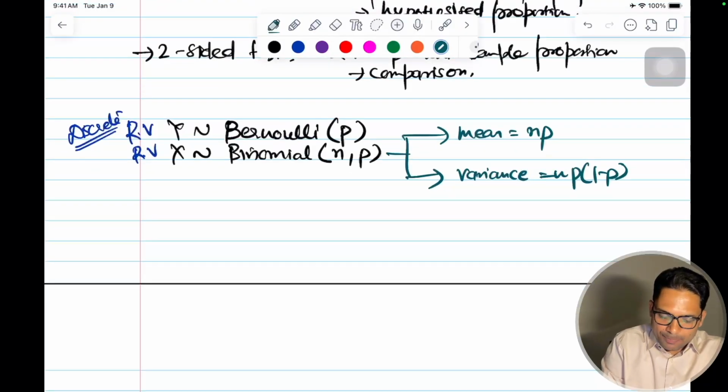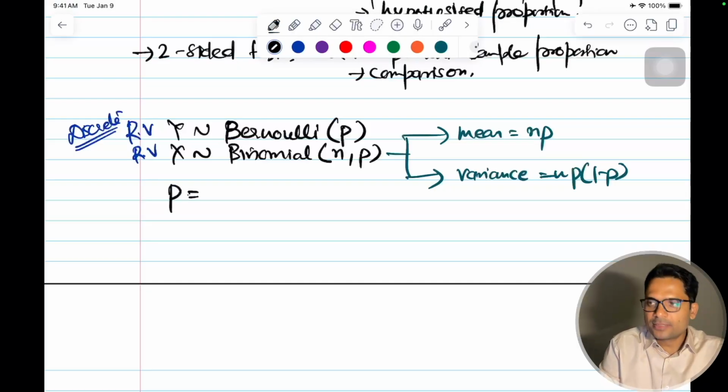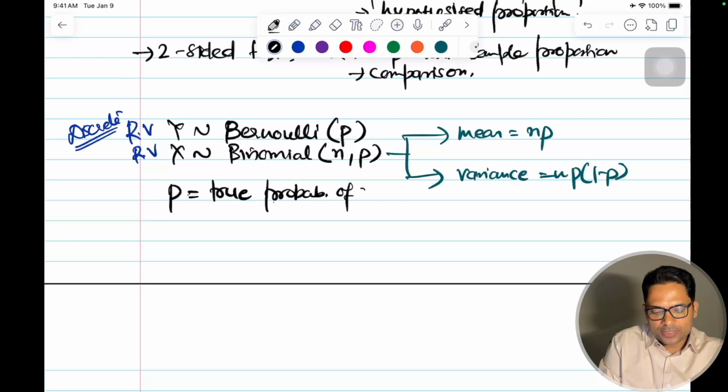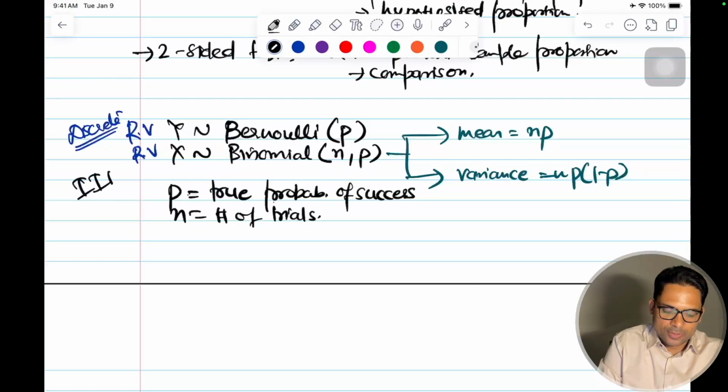And what is p? p is the true probability of success, and n is the number of independent trials. So IID, that will always be there.